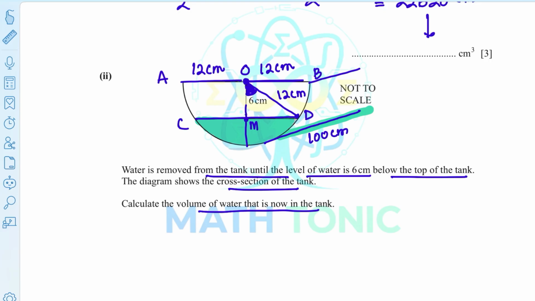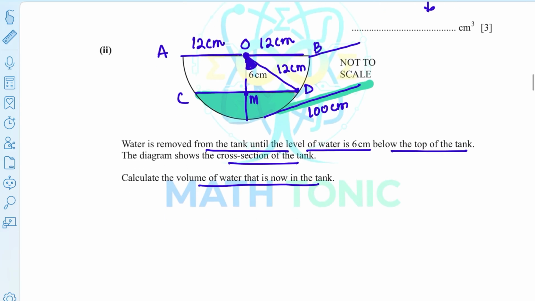So let me write it this way: if I draw this triangle like this, it will look like this, right? This is 90 degree. Now this one is 12 centimeter, and this one is given 6 centimeter. This is O, this is M, and this is D.